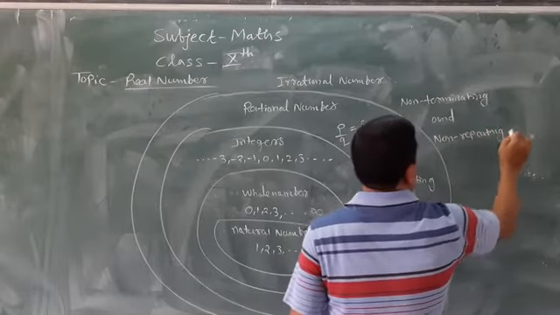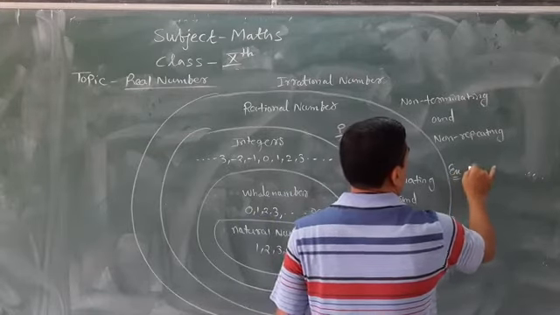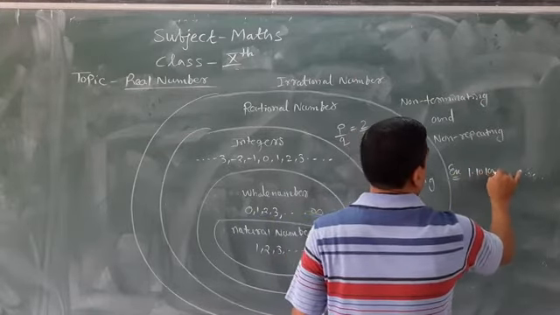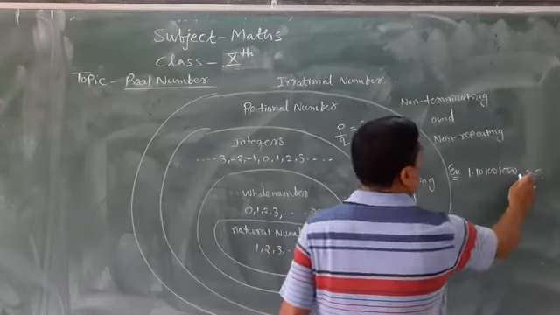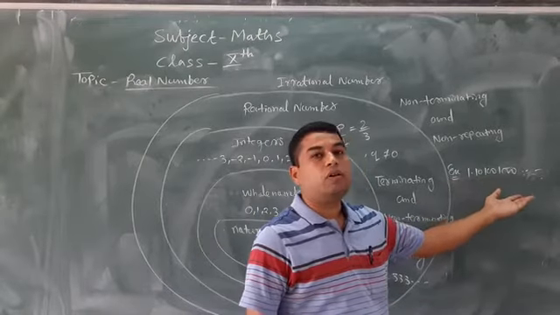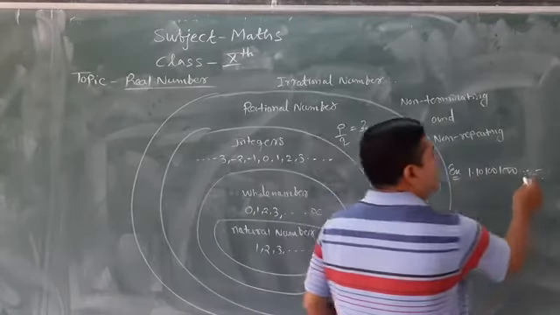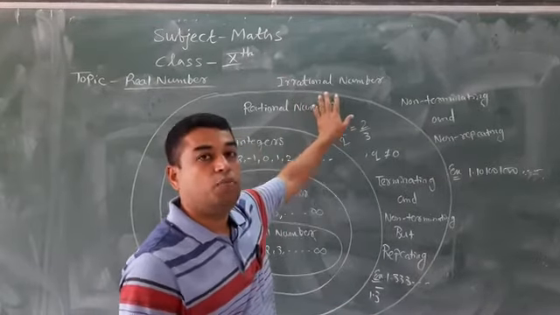For an example we can take 1.10100100 and so on. We can observe that the group of numbers is not repeating, but it is not terminating either. This type of number is an irrational number.